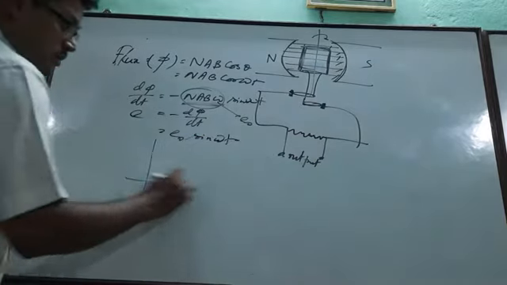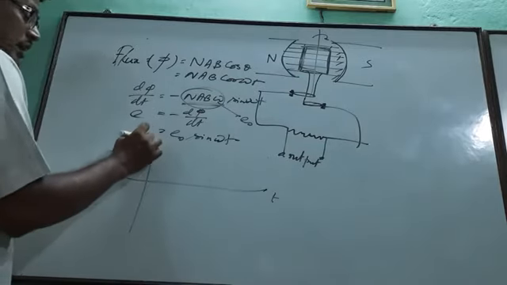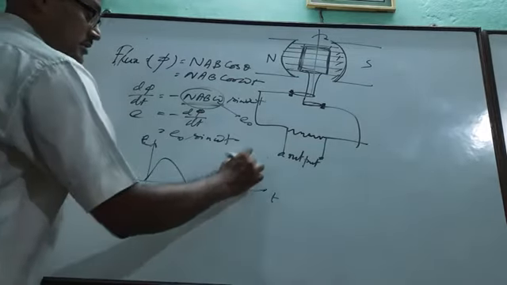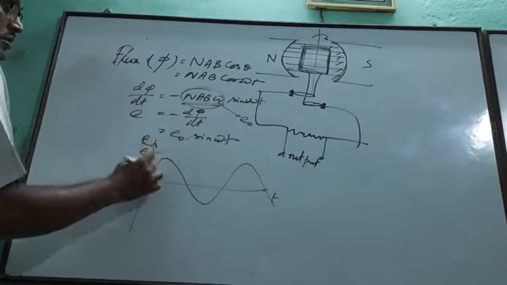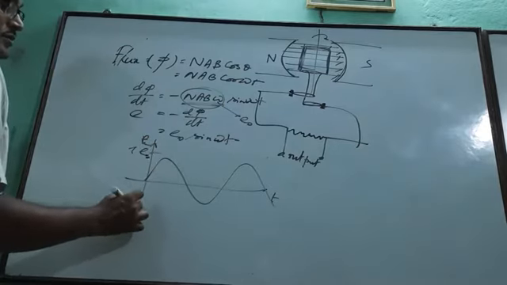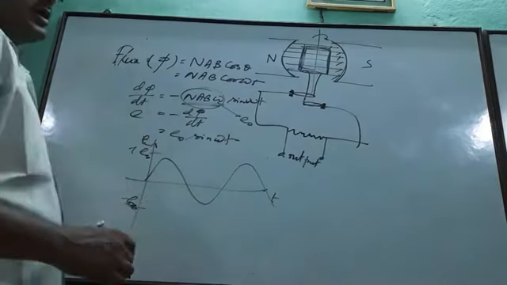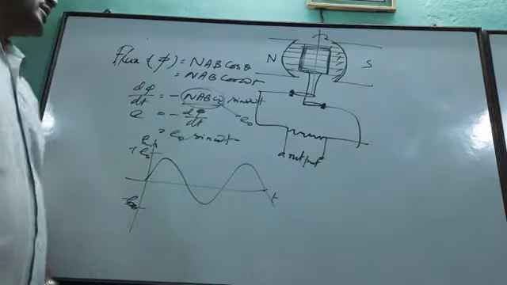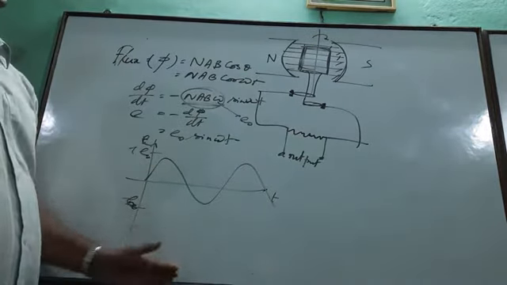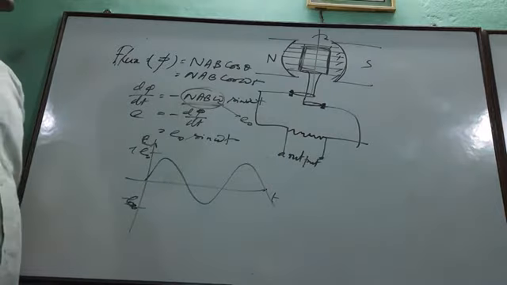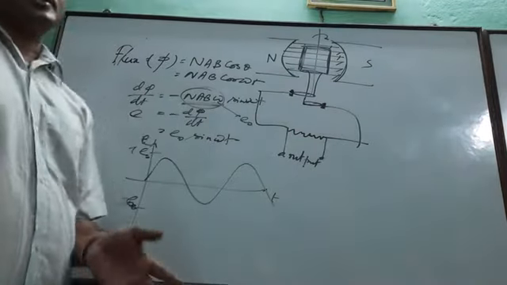So the induced EMF varies with time sinusoidally like this. So this is E0 and this is minus E0. Then we can say that the induced EMF varies with time sinusoidally. So this is the working principle of an AC generator.